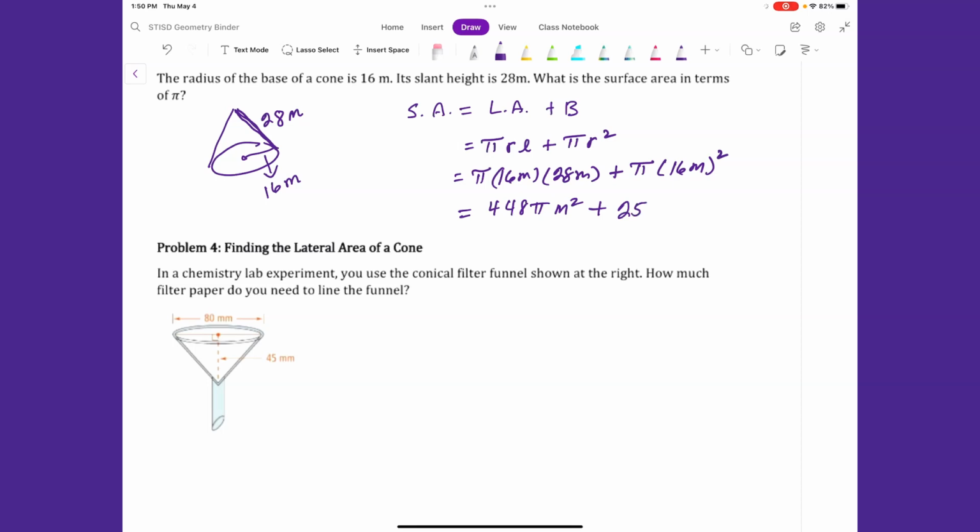So we have 256 pi meters squared. And then we have to add both areas. So the total surface area is 704 pi meters squared.